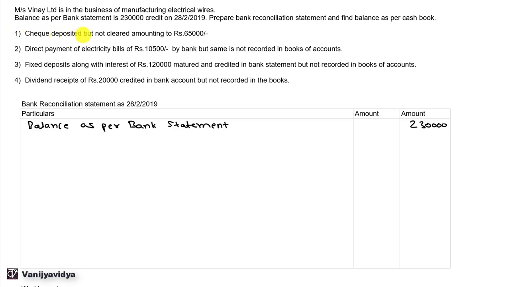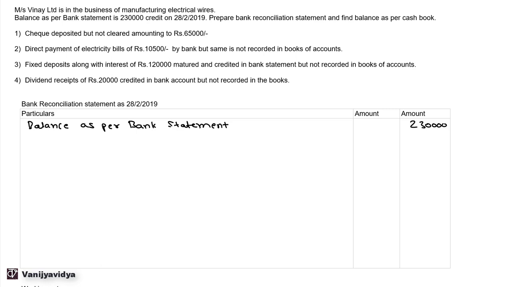First, check deposited but not cleared amounting to rupees 65,000. There was a check of rupees 65,000 which was deposited but not cleared. Since the check is deposited, it is recorded in our books of accounts, so that has increased the balance in our books. But the same is not recorded in the bank statement since the check is not cleared.